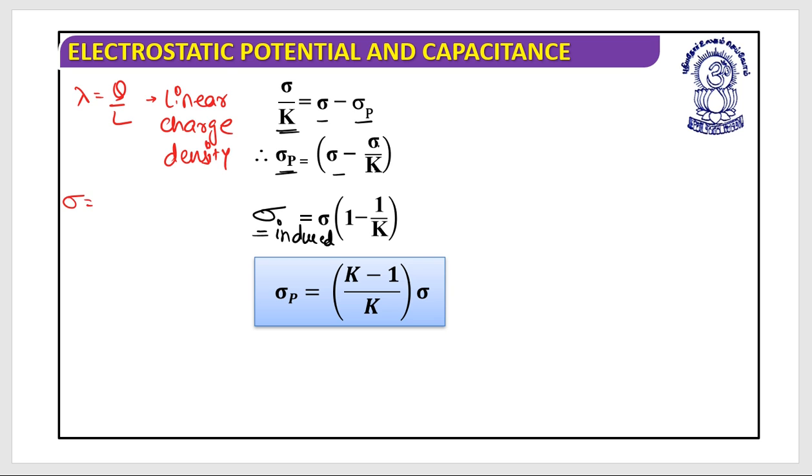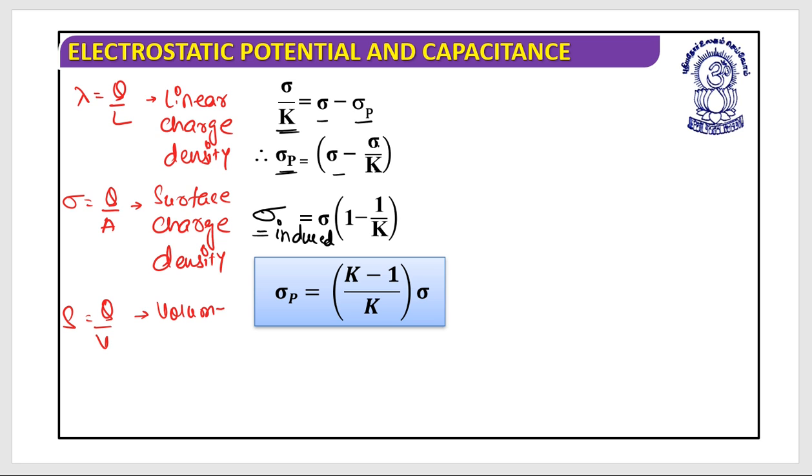Another is sigma, which is Q by A. It's the surface charge density. And one more is rho, which is equal to Q by V. It's the volume charge density. So the three were lambda, sigma, and rho.